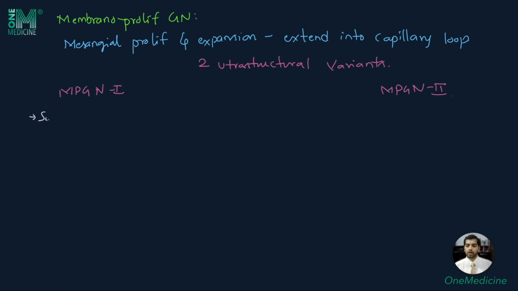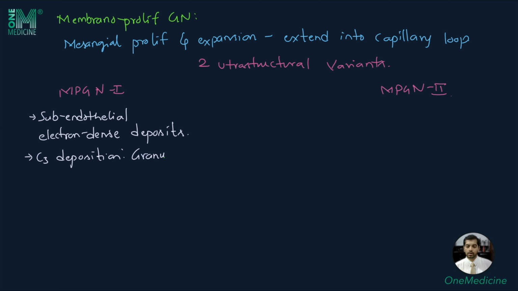MPGN1 has subendothelial electron dense deposits. There can be C3 deposition in granular pattern, which indicates immune complex pathogenesis.